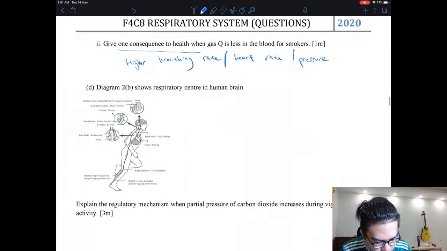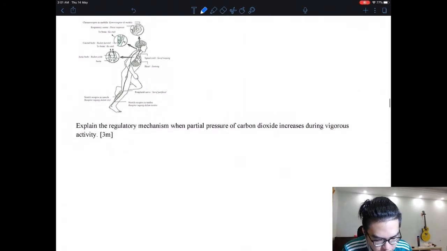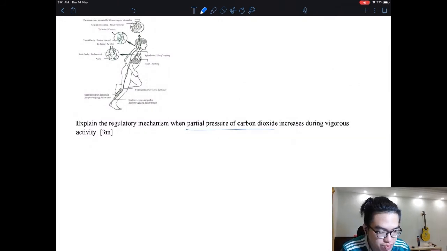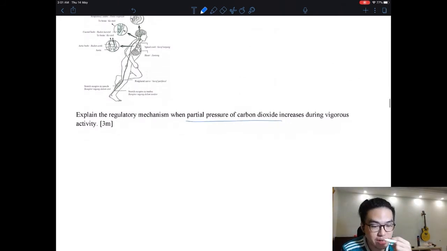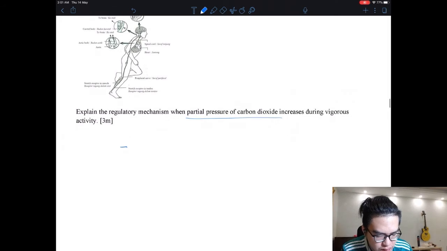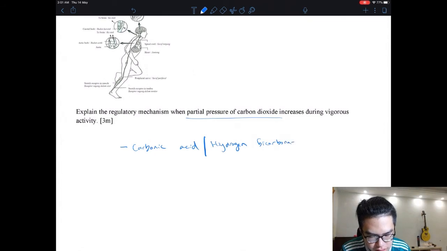Okay, so respiratory center in human brain. Explain when partial pressure of carbon dioxide increases during vigorous activity. Okay, so when carbon dioxide in your blood increases, you can say carbonic acid concentration or hydrogen bicarbonate increases, okay, detected by brain.